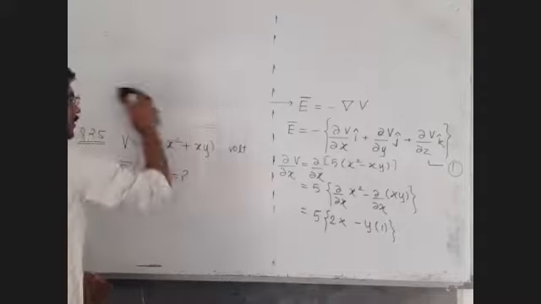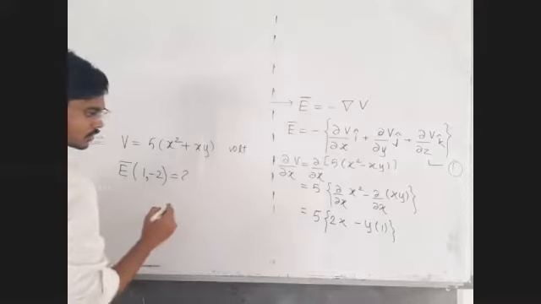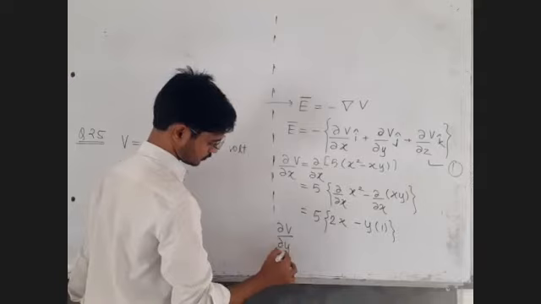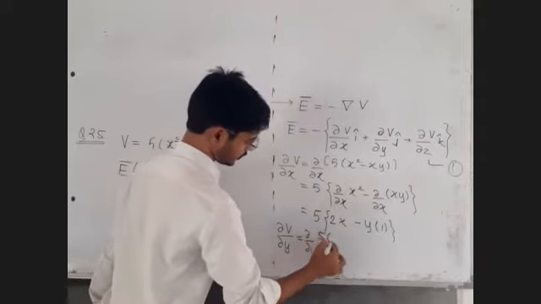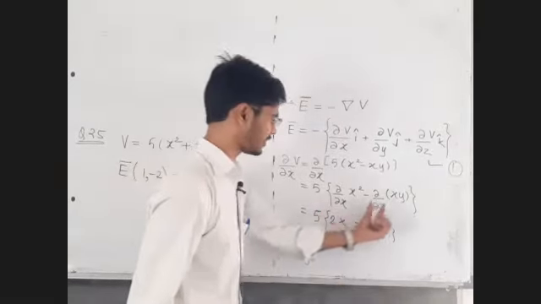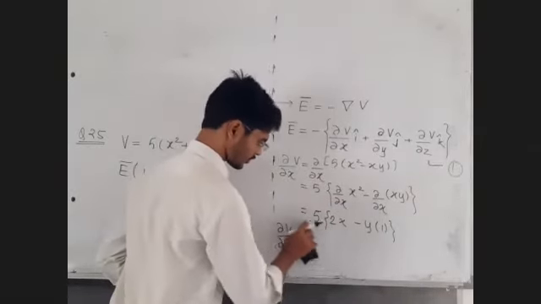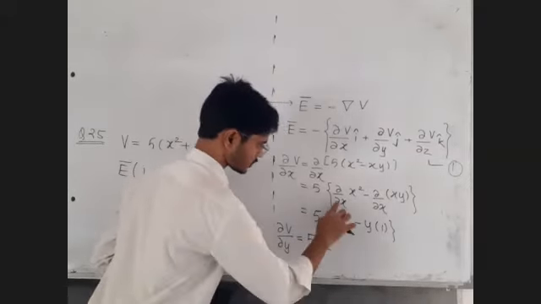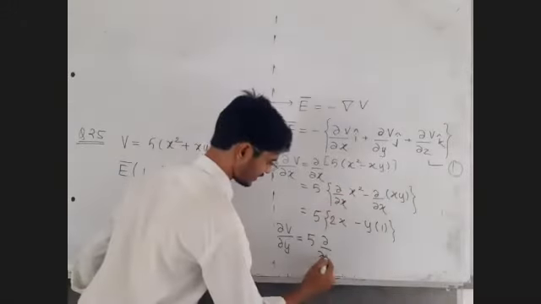Now let us find dou V by dou y. Dou by dou y of V, V is 5 into bracket.